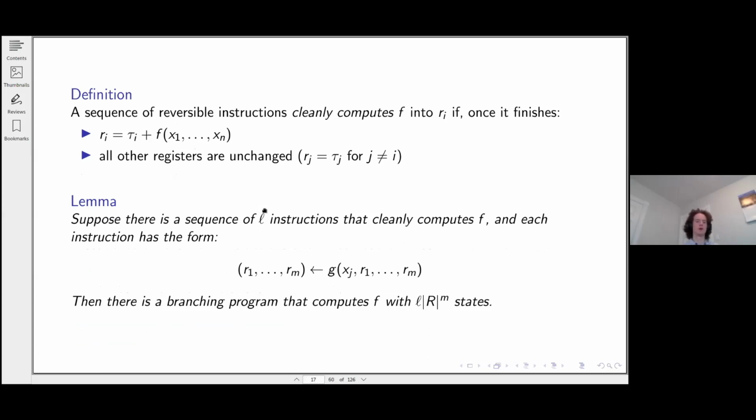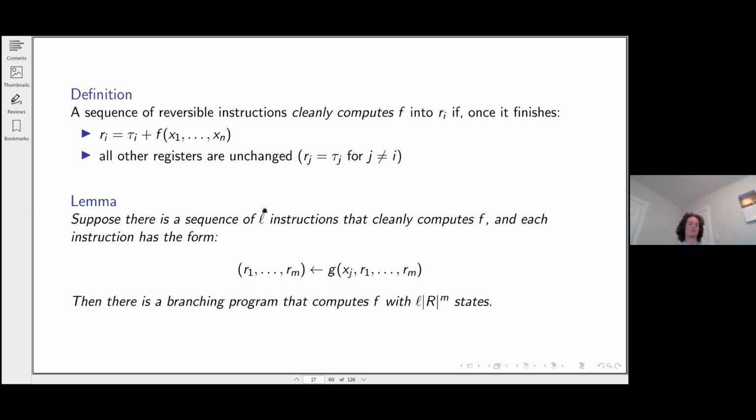So I've moved our definition of clean computation to the top of this slide, and I've added a lemma, which is that if we have any sequence of L instructions that cleanly computes some function f, and each of our instructions has a certain form, then we can make a branching program.